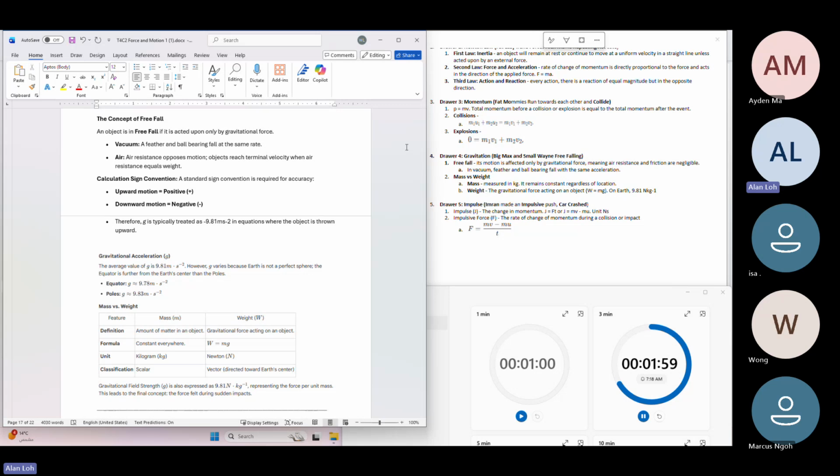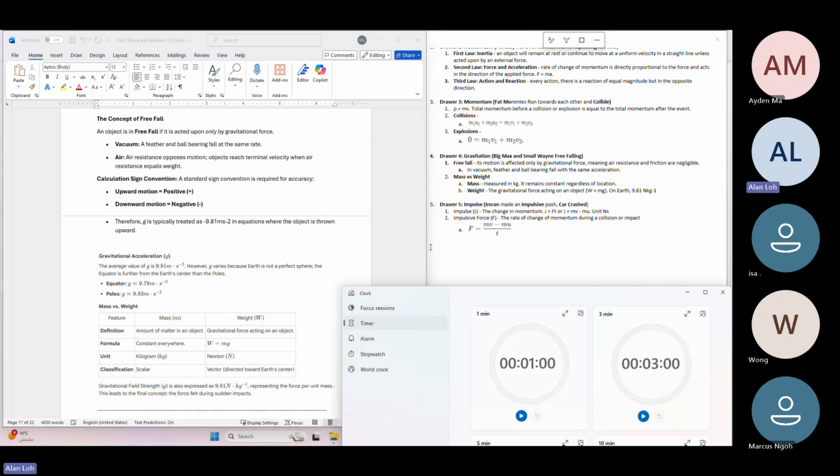More seconds. If you finish reading it, you can read it again to make full use of the time. All right. So drawer number 4 is for free fall.